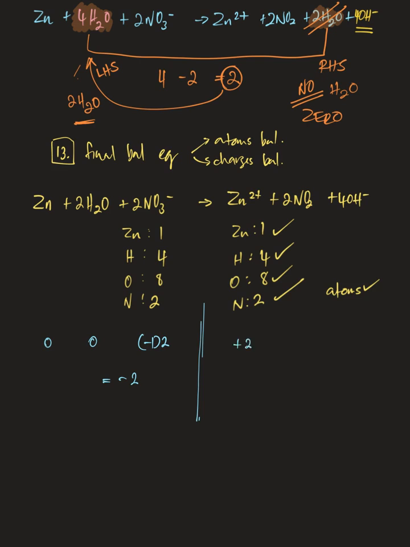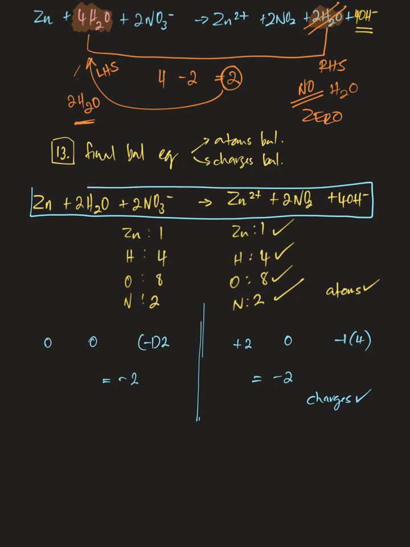My NO2, I've got 0. And my OH minus, I've got minus 1, and I've got 4 of them. So positive 2 plus minus 4 is equal to minus 2. So I can see that my charges also balance. So my final answer then is that. There we go. And that is how you balance using the half reaction method in a basic solution.